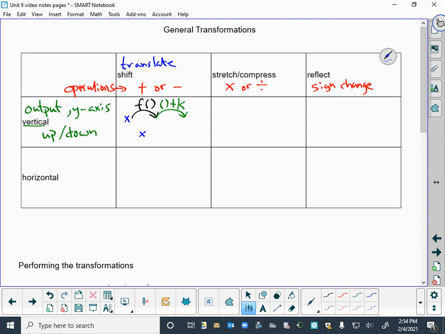The x goes in on the first arrow into the parentheses, so that becomes f of x. The f of x is the output of the black arrow, becomes the input of the green arrow, which says take whatever the input was and add k onto it. So this is what it looks like as a result. Again, the written description here would be a shift up k.